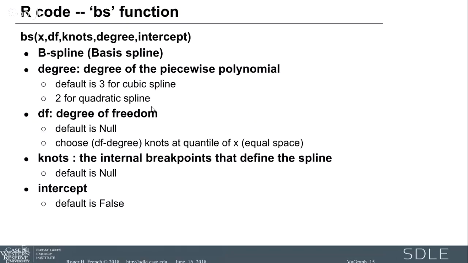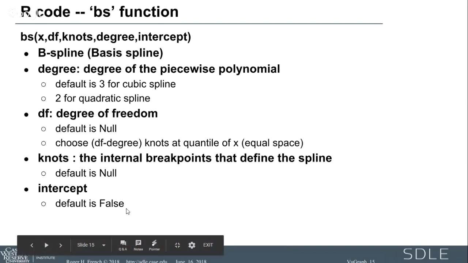For example, if you choose df equal to 6, it will choose 6 minus 3 knots, which is 3 knots in x. And you can also put specific values in the knots. And there's also the intercept, the default is false.